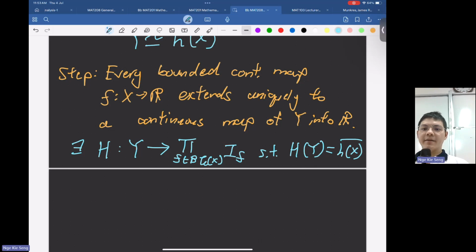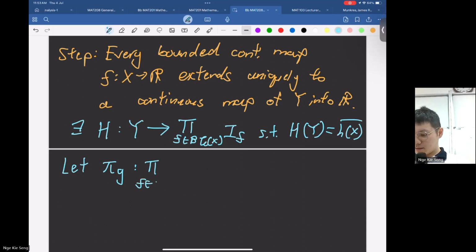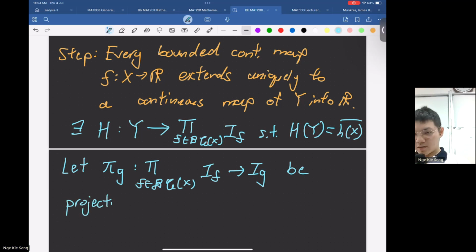Okay, and then let pi_g be the projection map from this arbitrary product of I_f to I_g. So this is the projection map for function g.